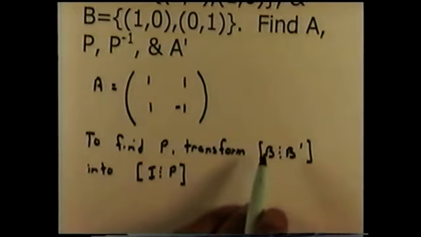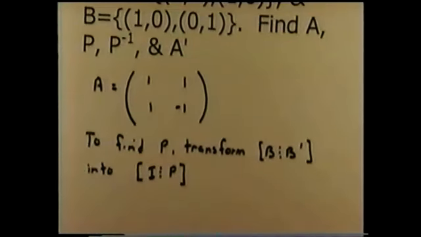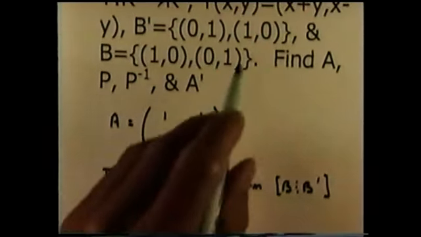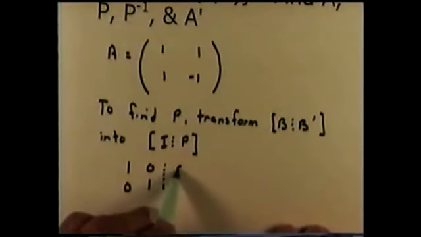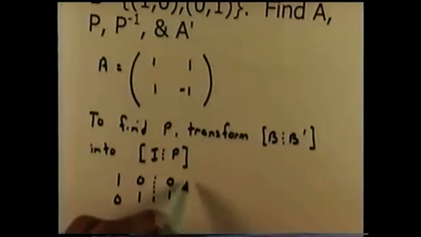To transform B prime joined to B into I P, we need B, which is going to be 1, 0, 0, 1, and B prime, 0, 1, 1, 0.